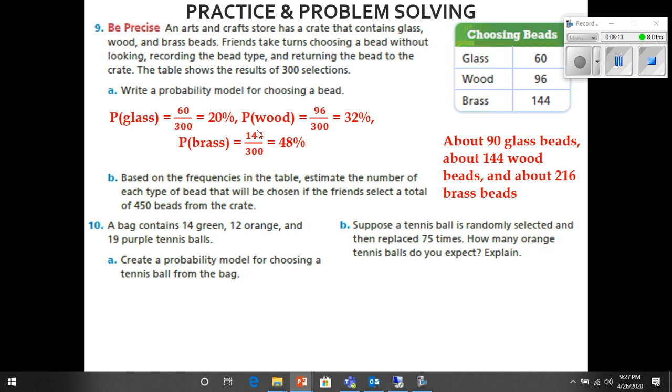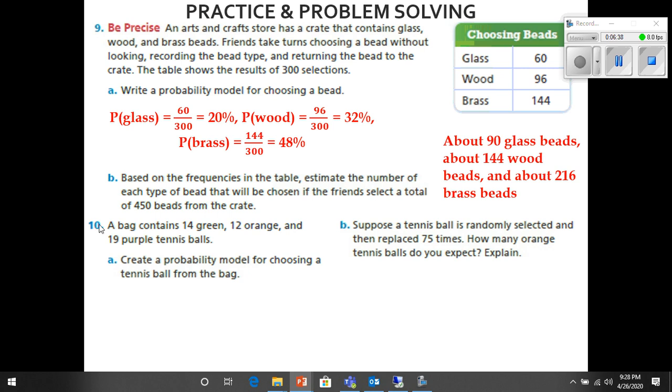And on the wood one, the wood bead would be 96 times 450 divided by 300, and that would give them 144. And then you would take 144 times 450 and divide it by 300, and that would give us 216. All right.